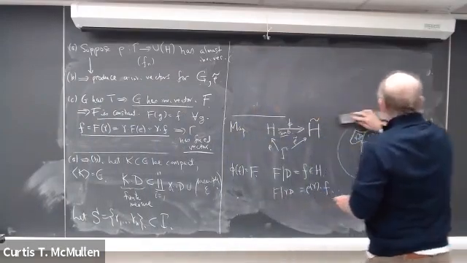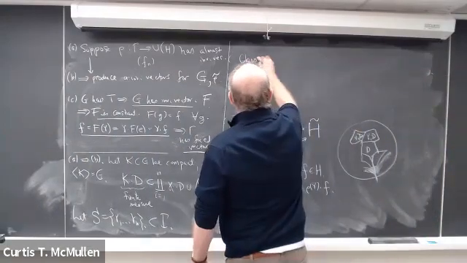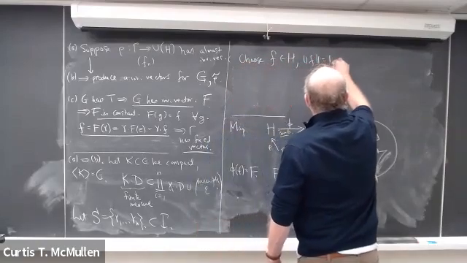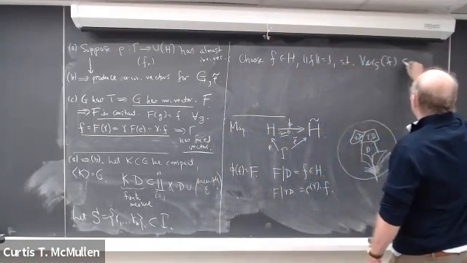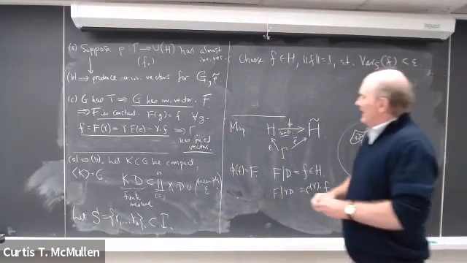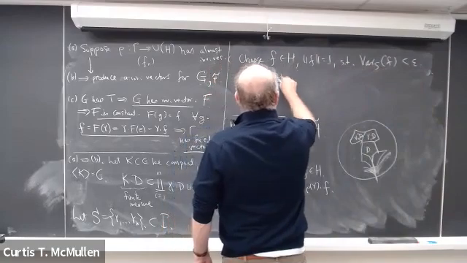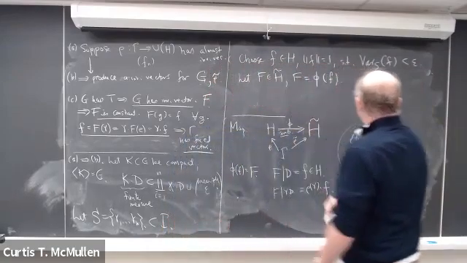So now we can choose f in H, norm 1, such that the variation over this finite set of f is less than epsilon. And now we let capital F in H tilde be given by phi applied to little f.